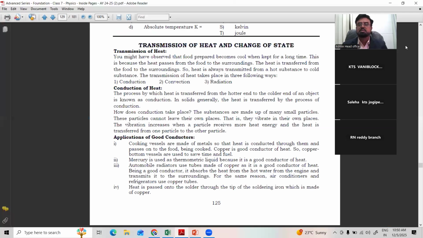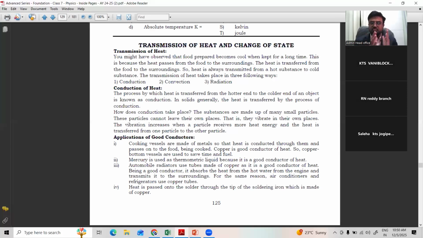Now we move to the next stage, a little more about heat, because our main focus is on heat only. What we wanted to know about temperature is completed: what is temperature, how to measure it, what device is used to measure it, and what are the scales of temperature. All things completed. Now there is the extension of heat.